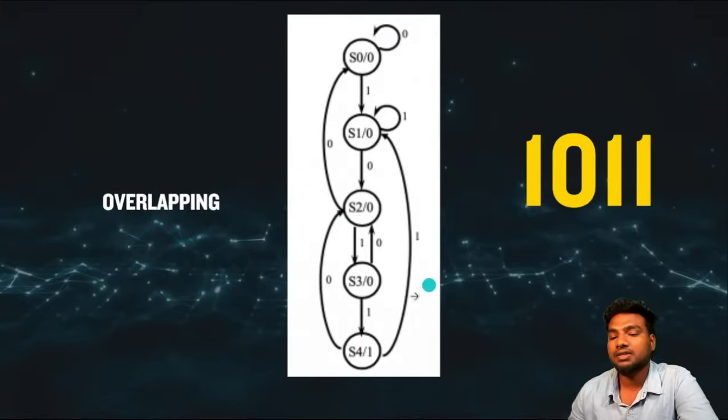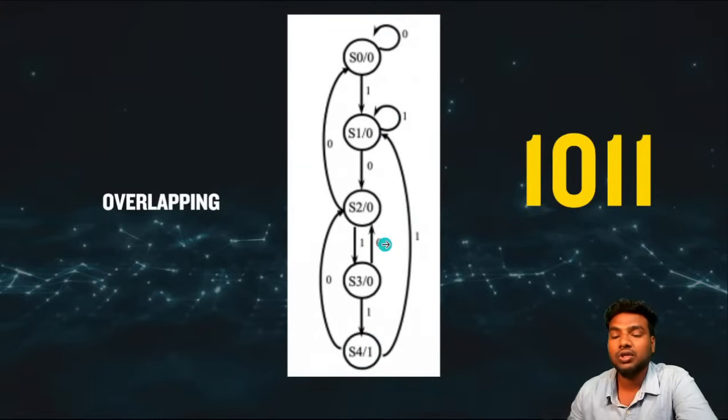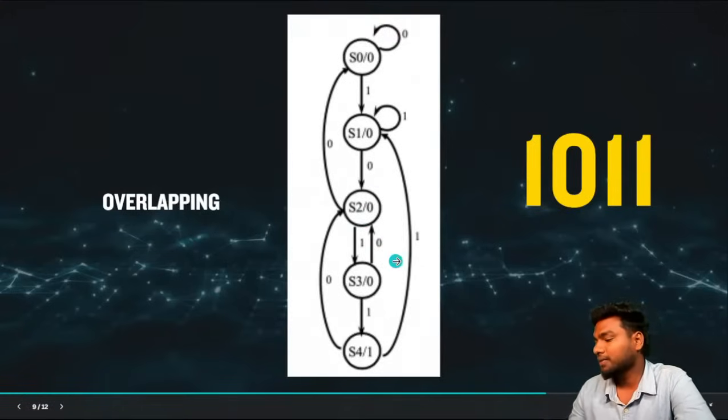There is a chance: here it is having 1, and my input for the S4 state is 0, so it will move to here. So it can make the other sequence. By following this overlapping, we can find another sequence by using the previous sequence outputs. So this is overlapping and non-overlapping.